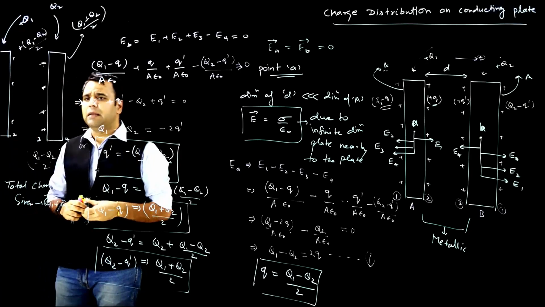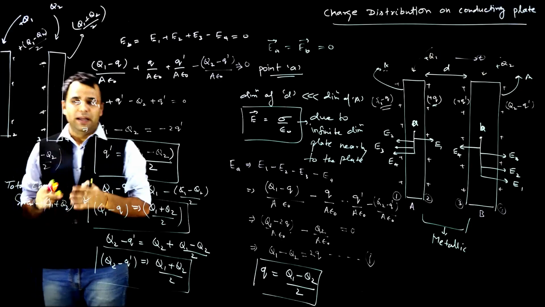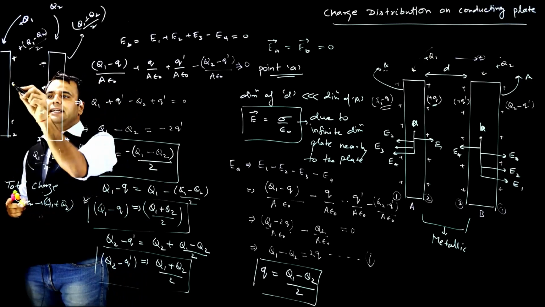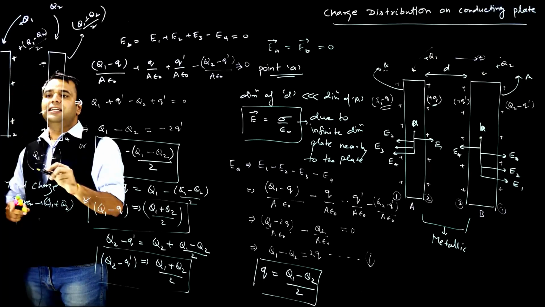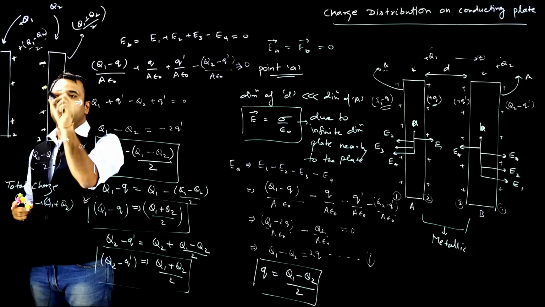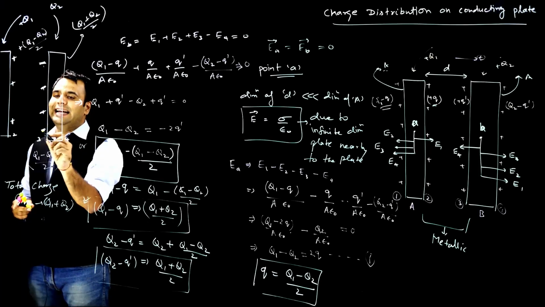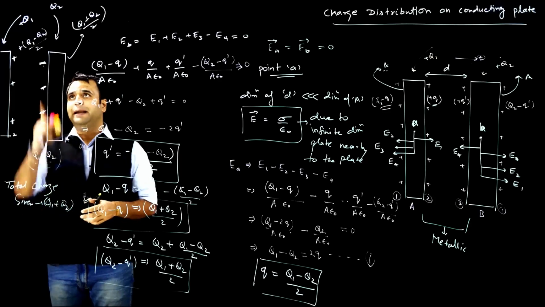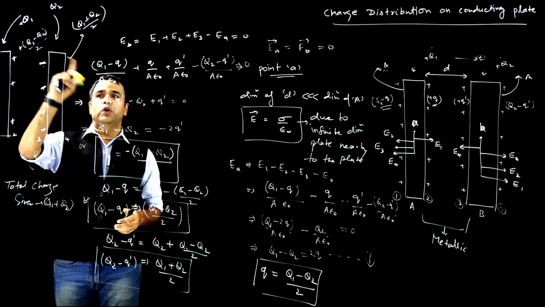But at the same time, there's the induced charge as well. When you talk about the inside surface, one side of the inside surface is becoming positively charged and another side of the surface is becoming negatively charged. Now, which one is actually positive and which one is actually negative will depend upon the relative values of q1 and q2.